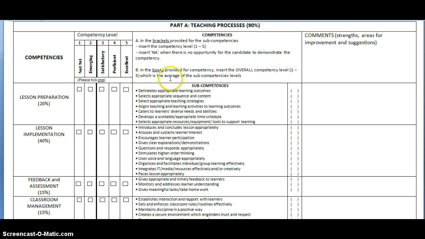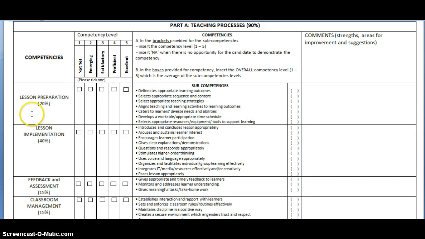And B, in the boxes provided for competency, insert the overall competency level 1 to 5, which is the average of the sub-competencies levels. So this section will be the total or the overall competency, and here is the sub-competency where I will put in either 1, 2, 3, 4, or 5.